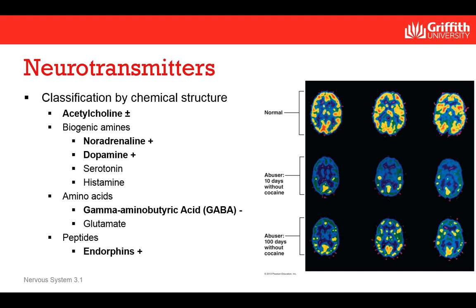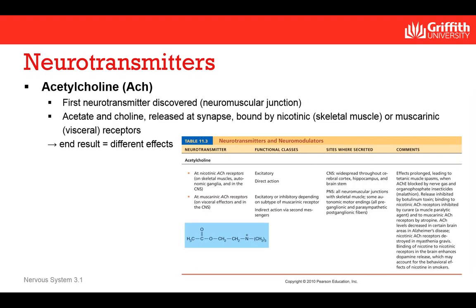Amino acids such as gamma-aminobutyric acid, or GABA, and glutamate, and peptides such as endorphins. These next few slides are filled with information from the tables in your textbook. However, I want the focus on neurotransmitters to be less about their chemical structure and more about their function.